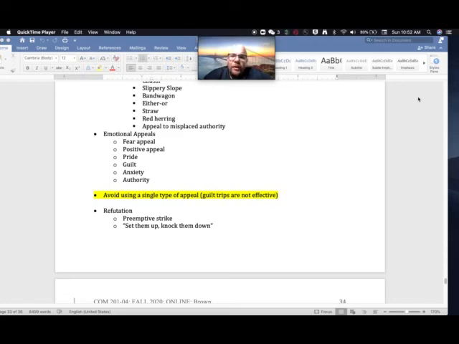So if it is the 1 in 4 STD rate, and you've got some males out there, it's harder for males to get STDs than females. It's just because of the way we're built, at least in heterosexual relationships. So now you might say something like, well, I know what some of the men in the room might be thinking, right? It's harder for you to get an STD than women.